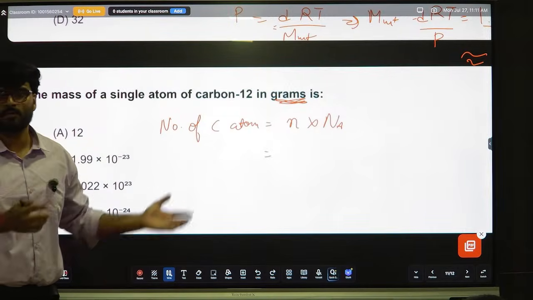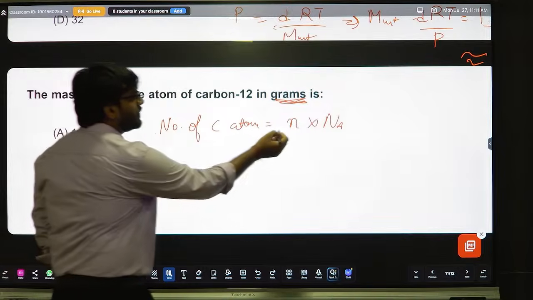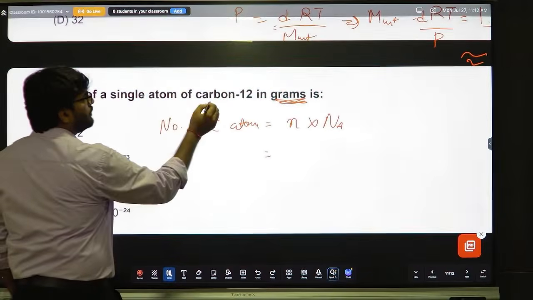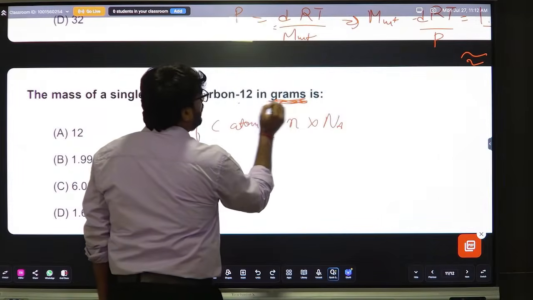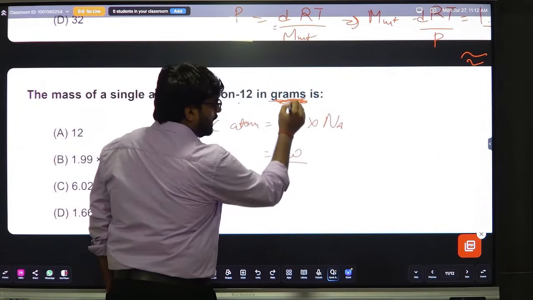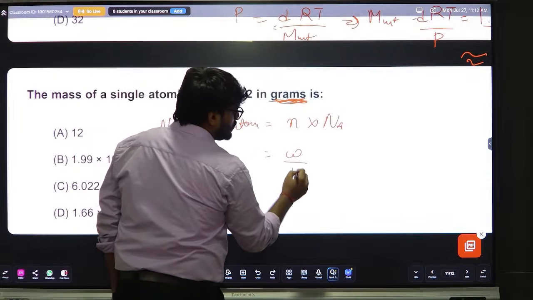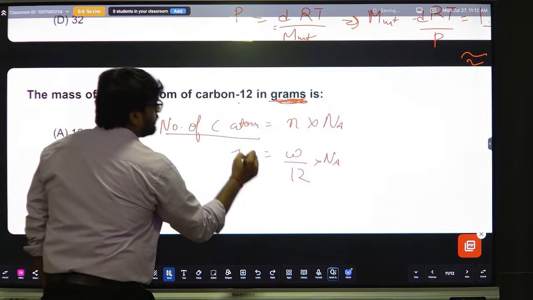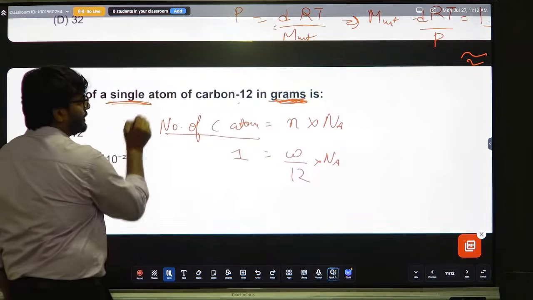You are all my teachers when I'm solving. What is the formula of number of moles? Gram per molecular weight. The question is saying the single atom of carbon 12, in grams. So grams they are asking. It means W they are asking. They haven't given it, and we know that each atom of carbon is 12 AMU. And number of carbon atoms is 1 because single atom they are saying.